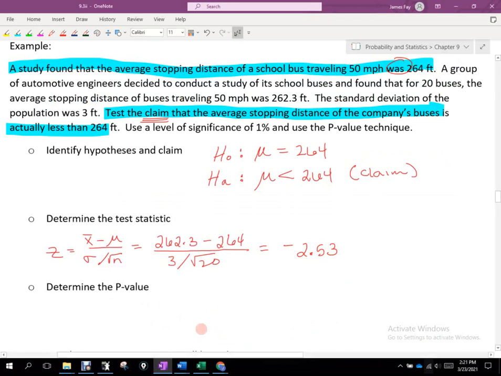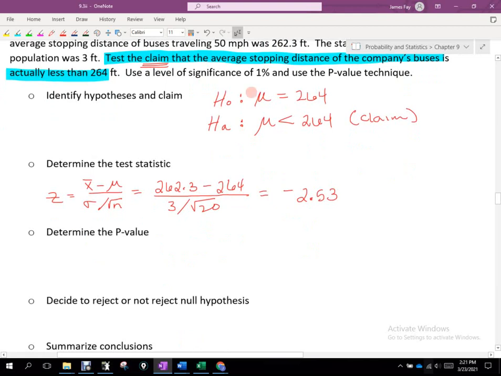The next thing it says, determine the p-value. Well, the p-value is attached to the type of test that we are doing. So when we look at this here, is this a left tail, right tail, or two-tailed test? It's a left-tailed test.